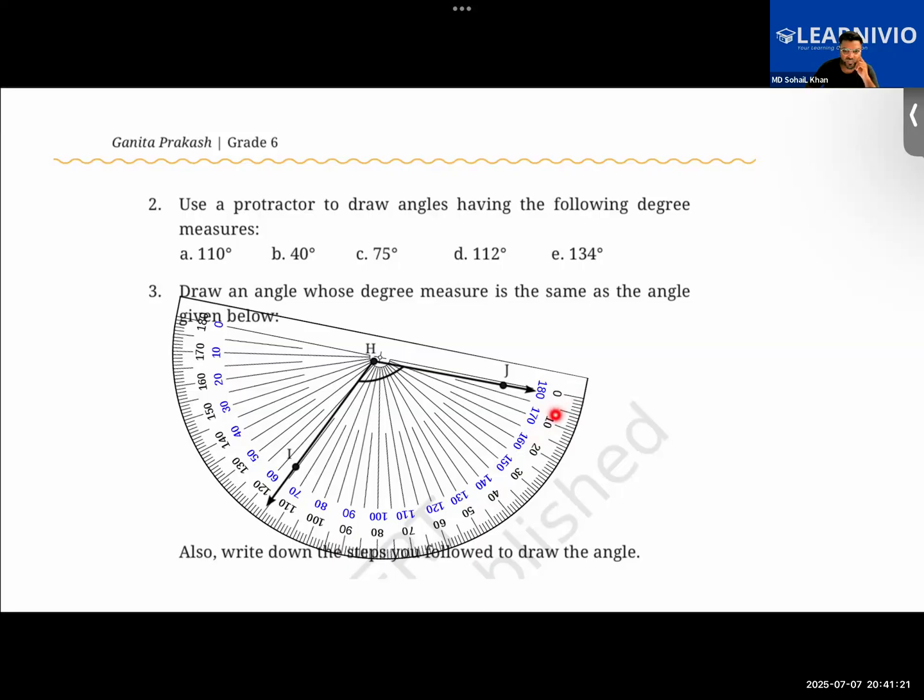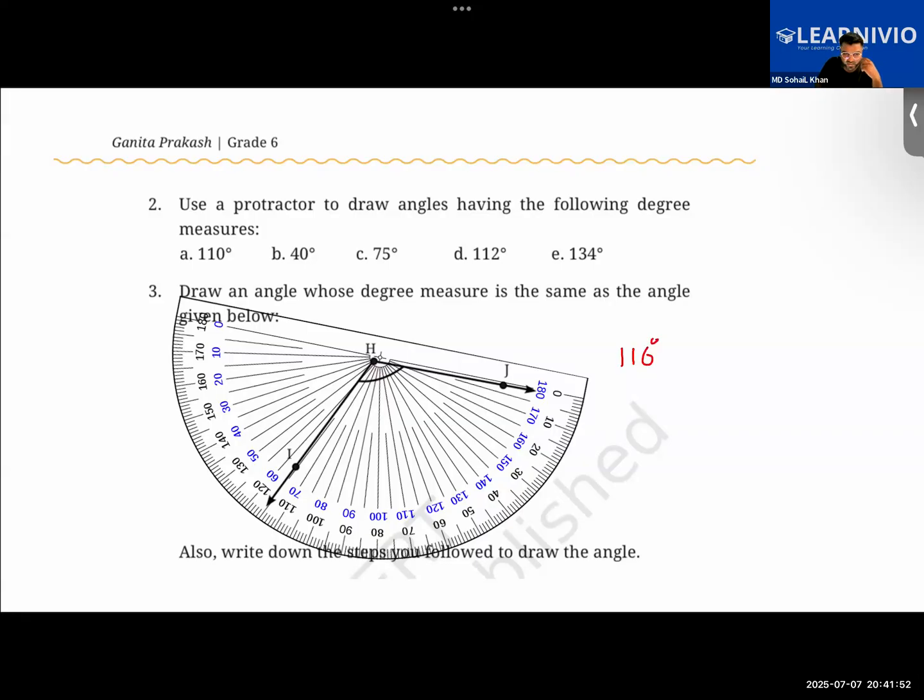So tell me what answer you would be getting here. Okay, sir. Roughly I have managed to place the vertex H at the middle of the protractor. 116 degrees. Okay. Sir, it's 116 degrees. Very good. So that is 116 degrees.